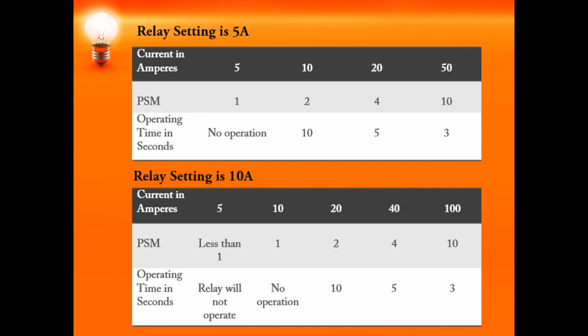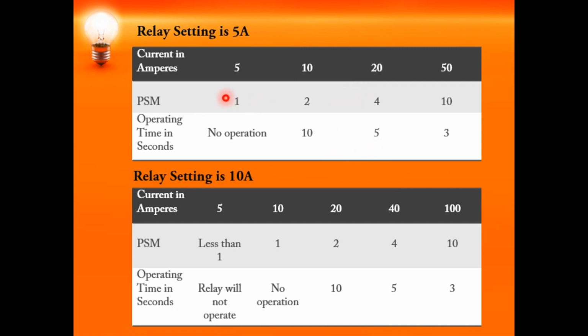So you can see that if the relay setting is 5 amps and the actual current which is flowing is 5 amps, that means PSM is 1. So the relay is not going to operate. Now if the RMS value of current is 10 amps, then for this 5 we have to multiply by 2. So our PSM is 2. So the operating time is 10 seconds. So this is the table.